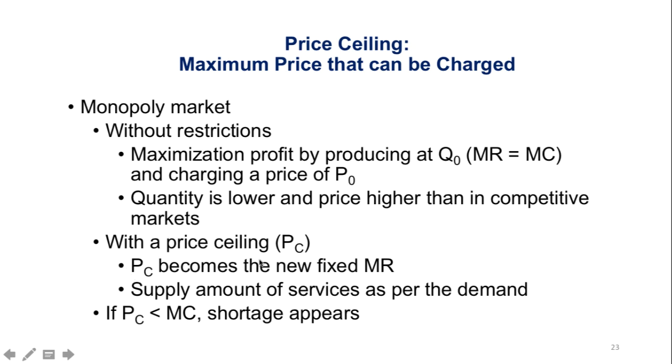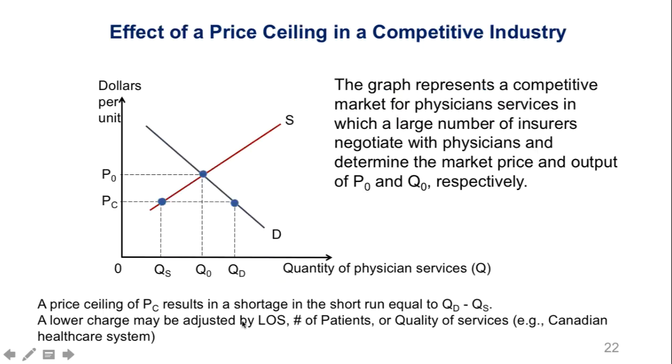So with the price ceiling of PC, this price ceiling becomes the new fixed marginal revenue, and the supply amount of services is as per the demand. The price ceiling is less than the marginal cost, and in that case the shortage appears.